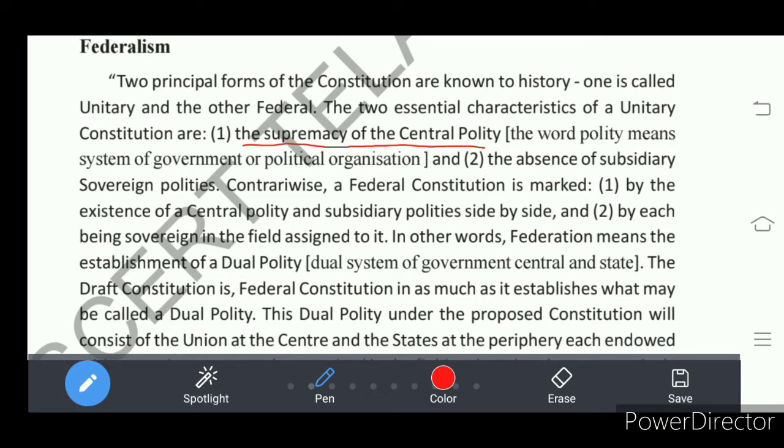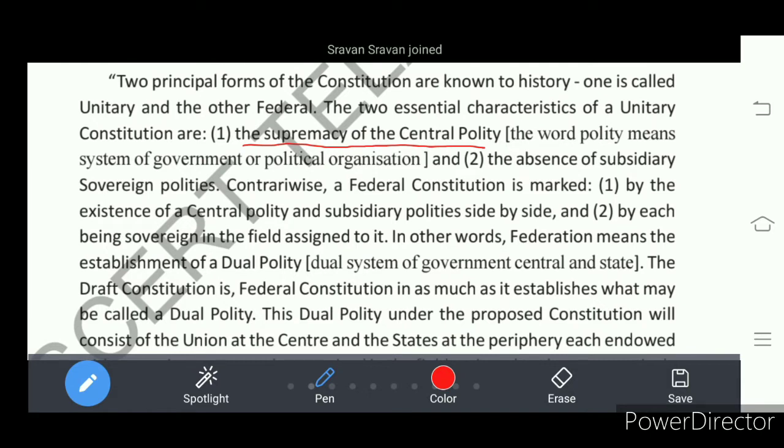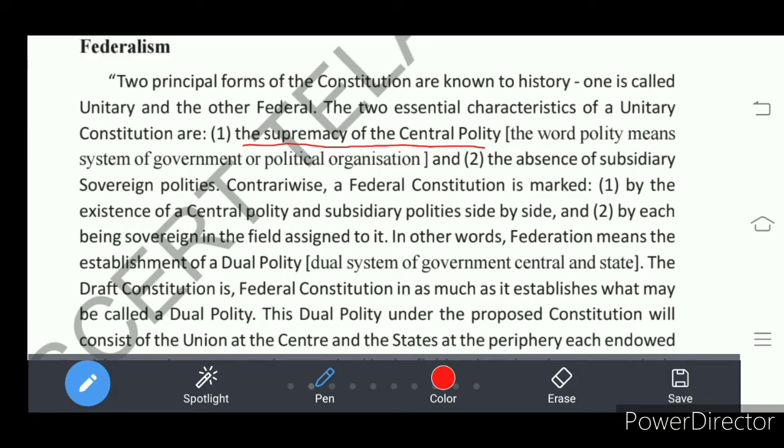Polity in the sense of the government. The unitary constitution proposes supremacy of the central government, and there would not be the presence of subsidiary sovereign polities.